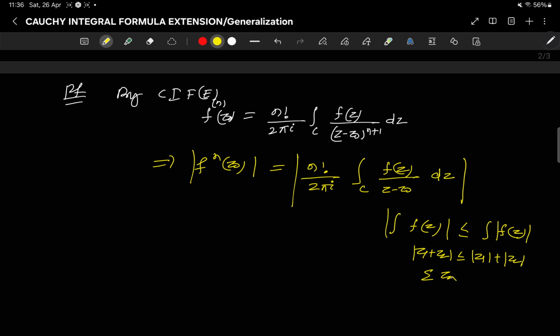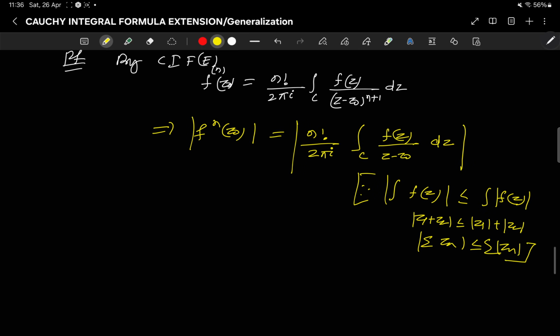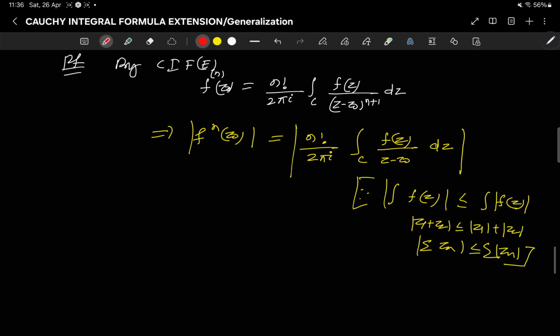So the modulus of a summation of zn is smaller than the summation of the moduli. The integral is also a summation process, right? So while I take this modulus inside, it will be less than or equal to n factorial by the modulus of 2 pi i, times the integral of the modulus of f(z) by (z minus z0) to the power n plus 1, times the modulus of dz.